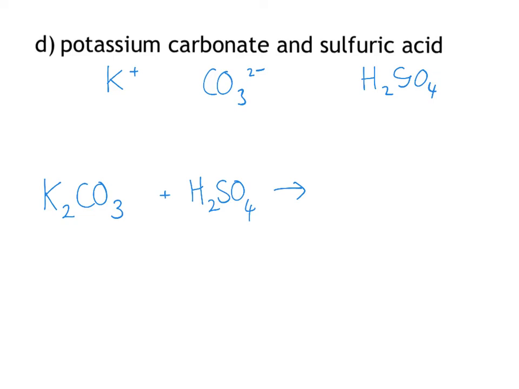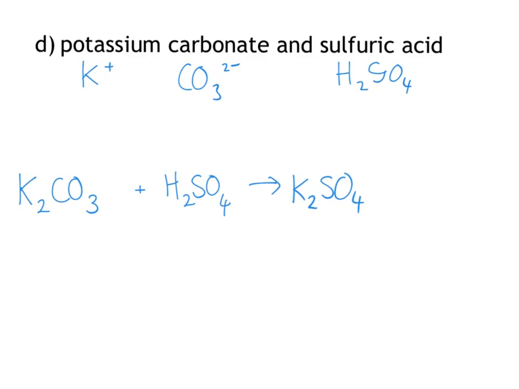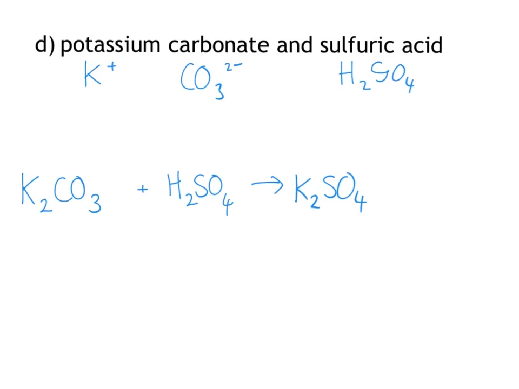Our salt, remember what I said, K+, 1+ ion, H+, also a 1+ ion. So I don't have to think too hard to know that the formula of potassium sulfate, the salt made, is K2SO4. Because if the formula of sulfuric acid is H2SO4, then we just swap in the K for the H. They are going to be exactly the same numbers.